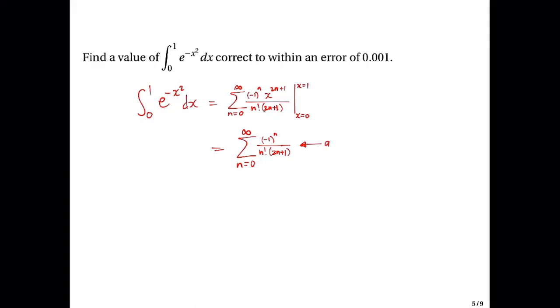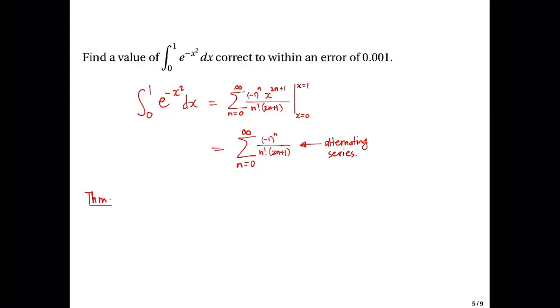So let me just write this, alternating series, okay? So in order to find a value for this definite integral, which is correct to within an error of 0.001, we use that theorem, the theorem of approximation, alternating series, okay.